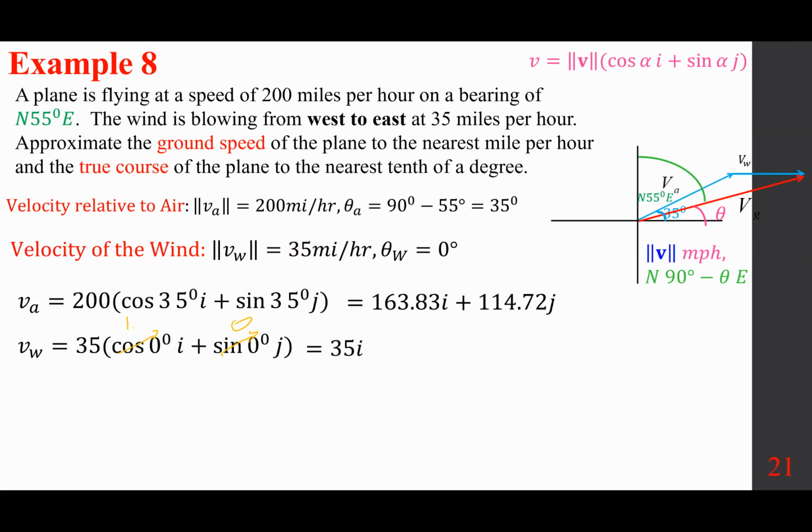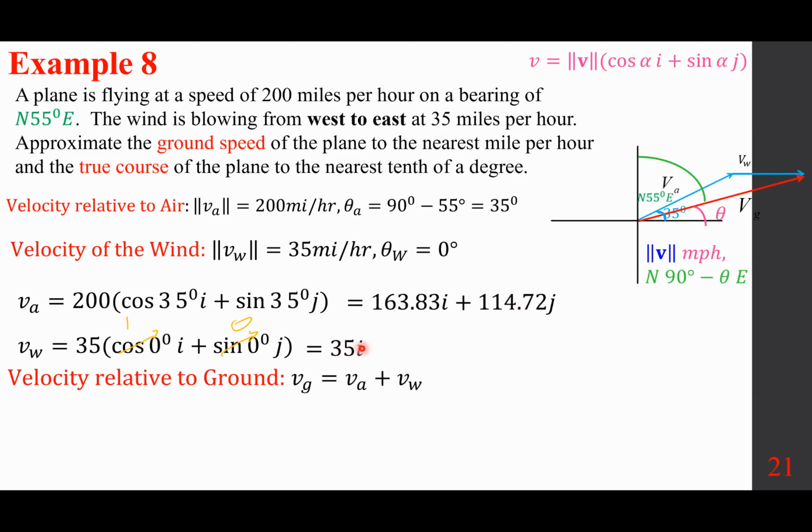And the velocity relative to ground, we simply add them up according to this resultant force in red. So to add these two, we just add their components. We're going to add this one and this one, and this has nothing to be added to because the J component is 0 here.